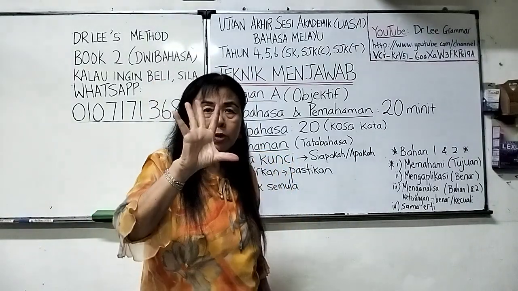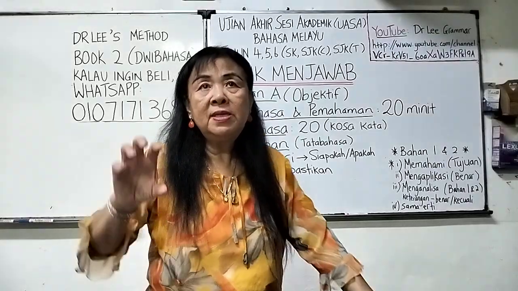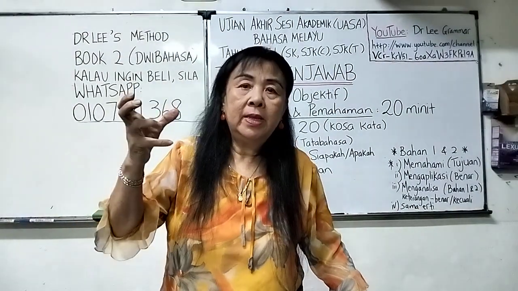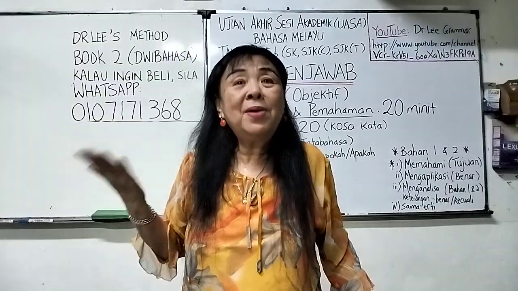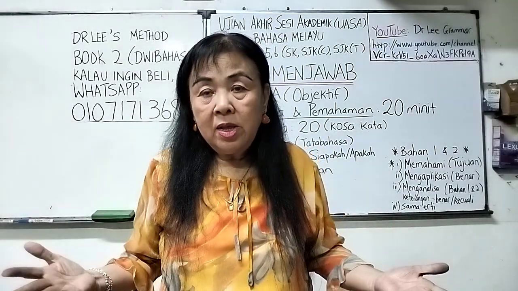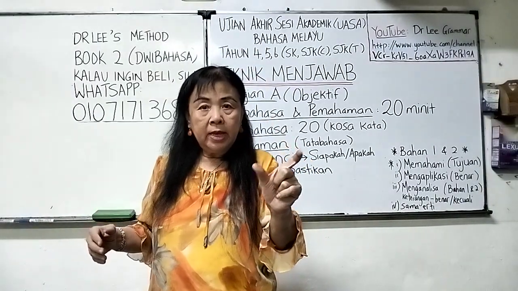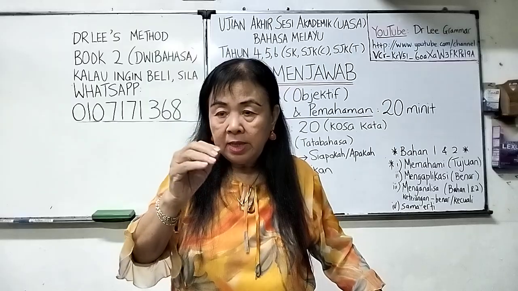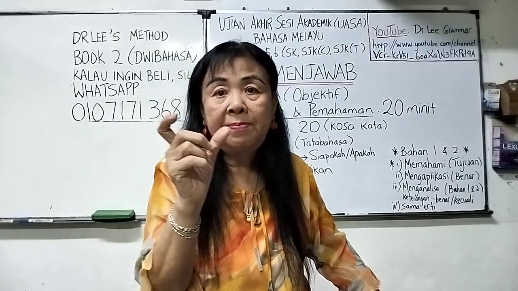So when you want to do the questions, first you look for the kata kunci. Kata kunci means the key word. So the key word for comprehension will be apakah, siapakah, mengapakah, bagaimanakah, berapakah. So for example, the question is siapakah. That is the key word. It will be very easy for you because when you identify the answer, you see the keyword is siapakah.